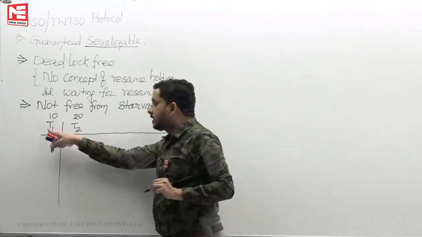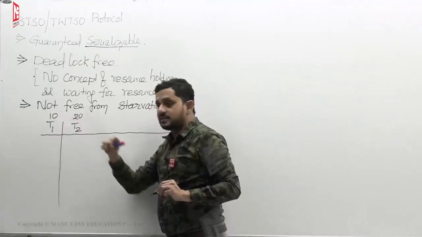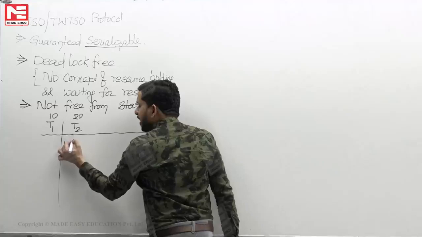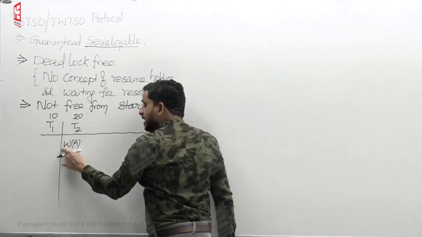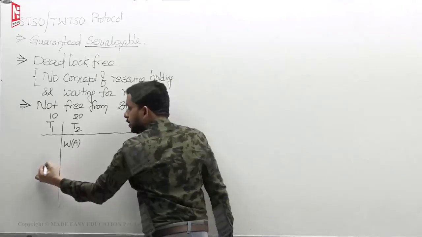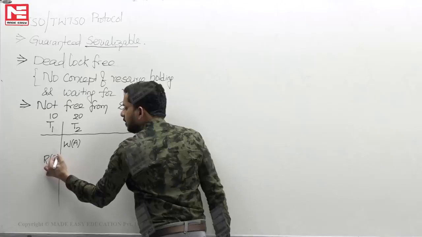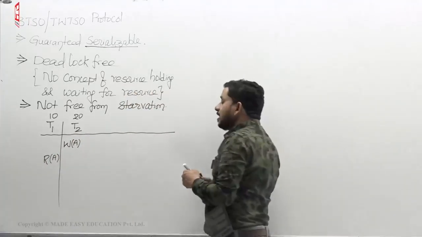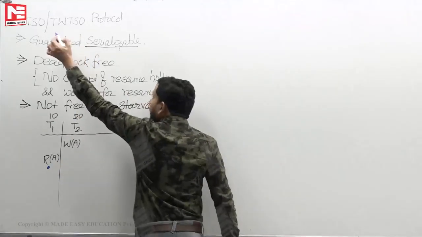Listen carefully. T1 timestamp 10, T2 timestamp 20, T2 younger than T1. If T2 writes the data A, and this write operation is allowed, now if T1 requests a read of A, then the read request of T1 is not allowed in both protocols.